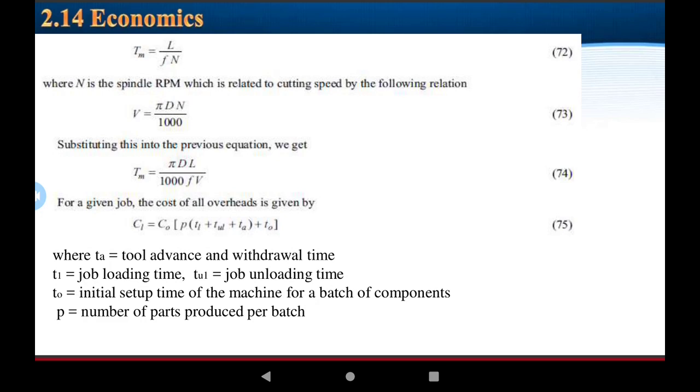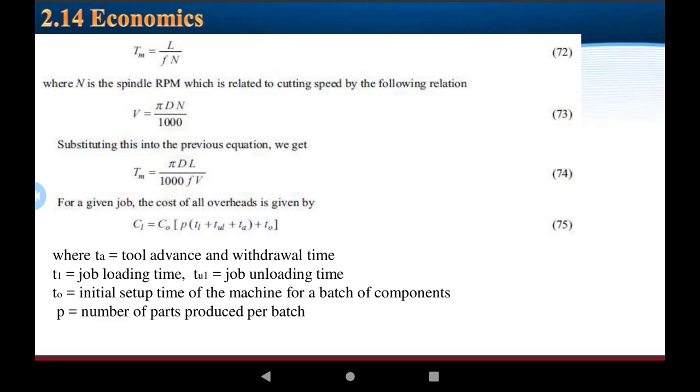This is the basic formula, where V is the velocity of the tool and the spindle, the velocity of the shaft in this operation. Pi is the constant for the circle, D is the diameter of the tool, and n is the number of revolutions.